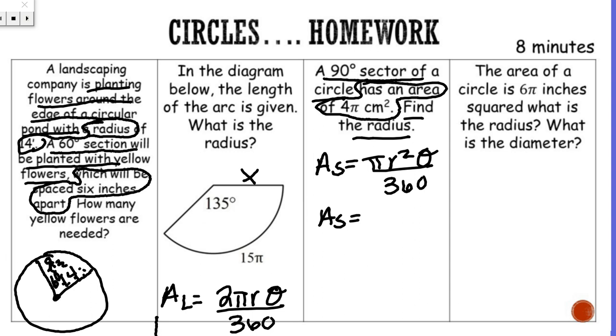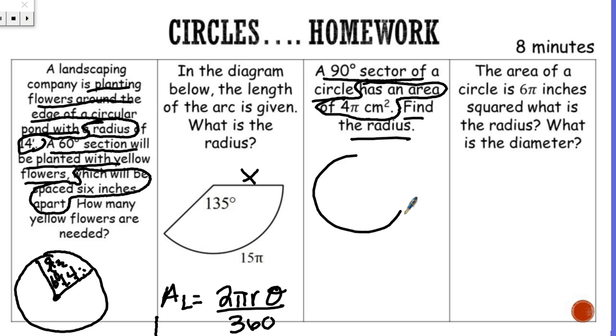It told me that the 90-degree section, so whoa, I'm tripping. I need to draw a picture, guys. So let's get my picture going first. I am really tripping. Okay, so here's the circle, 90-degree section, got it. And it has an area of 4 pi, and it wants me to find the radius. Okay, now I'm cooking with Crisco.